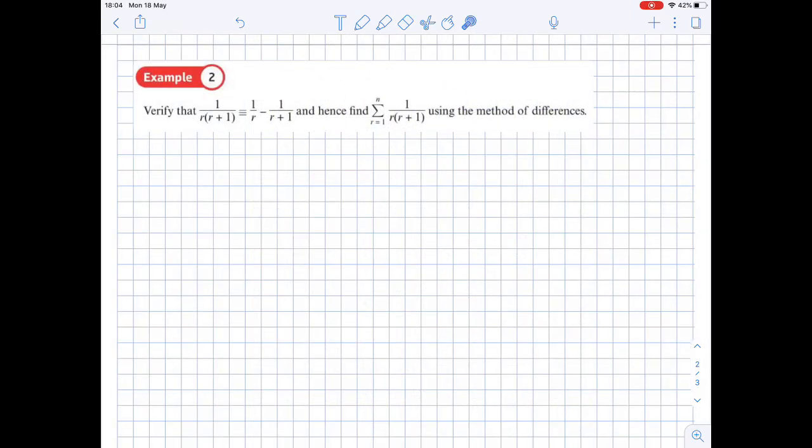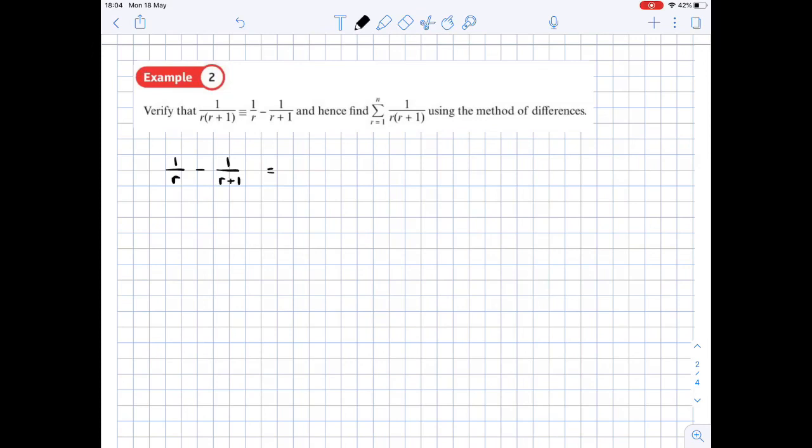Example 2. Here we want to verify that these left-hand side and right-hand side are equivalent, and then hence, using that result, to find this summation using the method of differences. So let's verify first of all. I'm going to look at the right-hand side first of all.